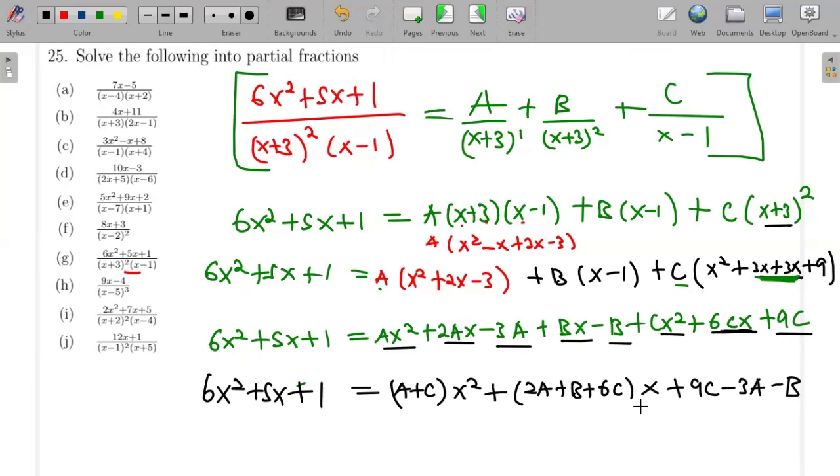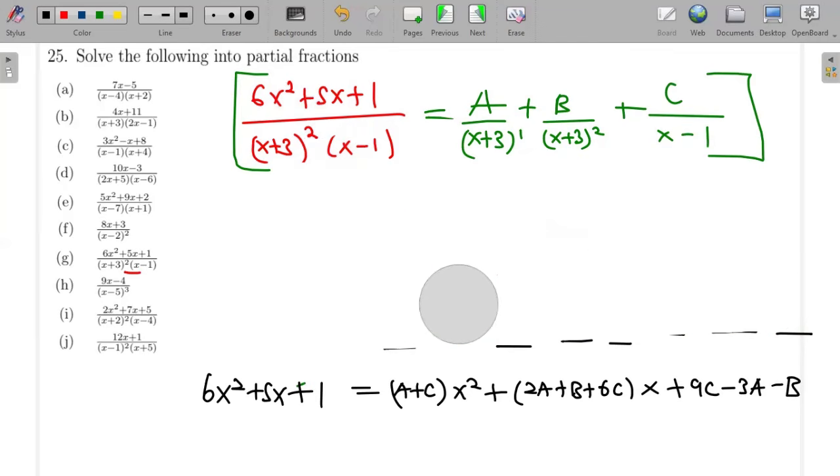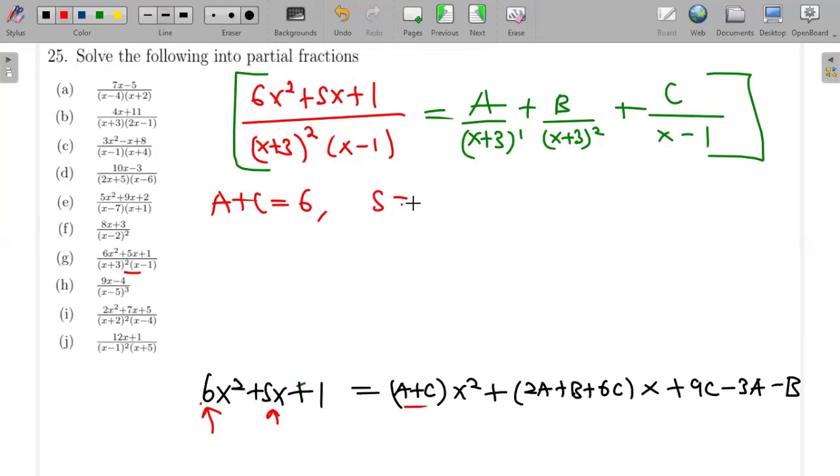Once we have this, we can equate with what we have on the left-hand side. The coefficient of the square term is 6, so a plus c is equals to 6. This 5 is going to be equals to 2a plus b plus 6c. And then the constant: 1 is equals to 9c minus 3a minus b.